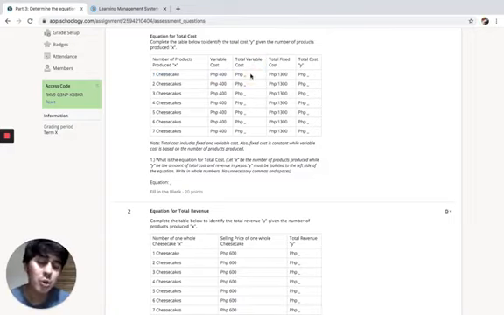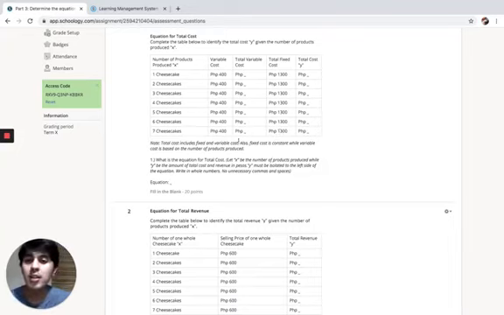Once he or she got the total variable cost, he or she should know that to get the total cost, he needs to add the total variable cost with the total fixed cost. So, if a student completed this table, he or she will recognize that to get the total cost, you need to multiply the variable cost with the total number of products produced and then add it to the total fixed cost.